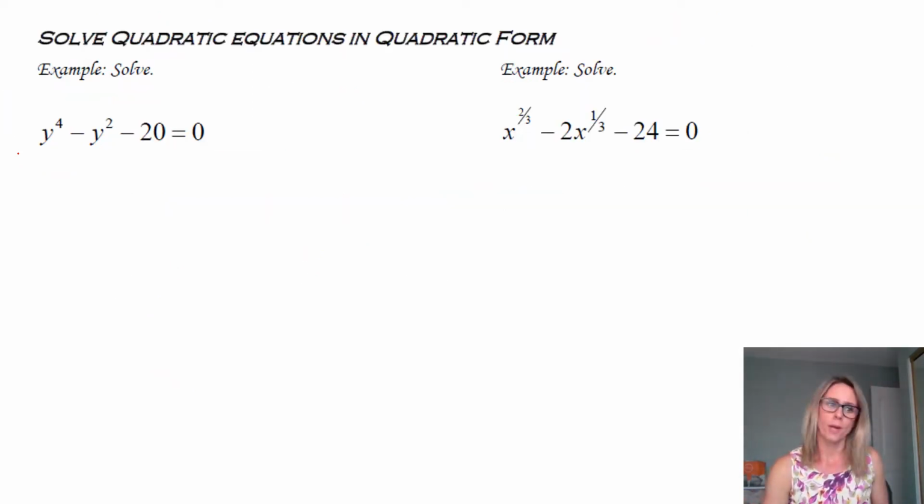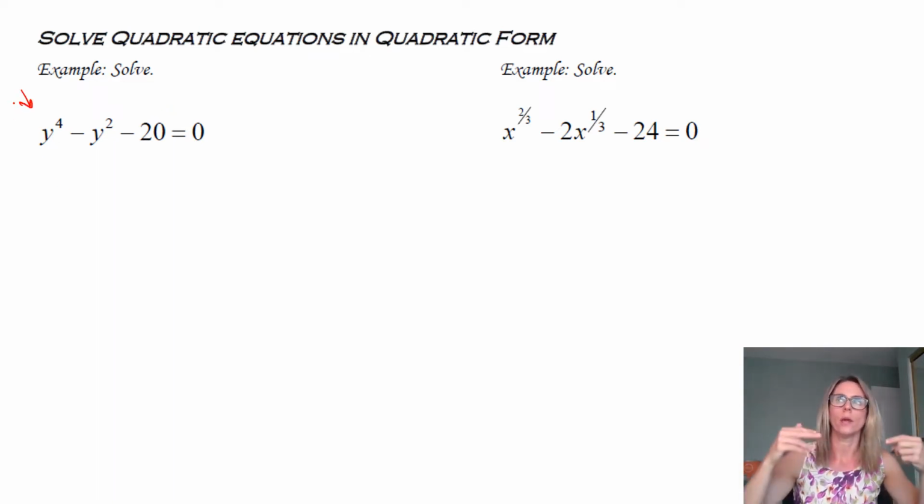Okay, and the last bit of quadratics, so much quadratics here, is quadratics that don't necessarily look like quadratics. We actually saw one of these before in the factoring section. Now we have an equation. And the idea is, if you can write it to make you think about a quadratic, then you can solve it like a quadratic.